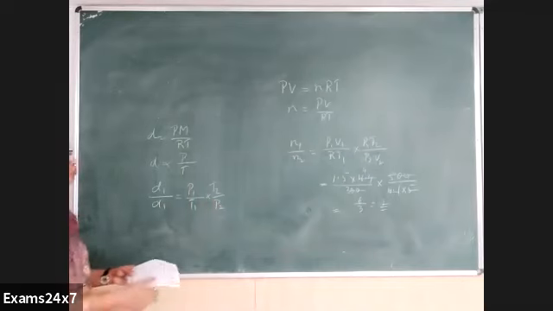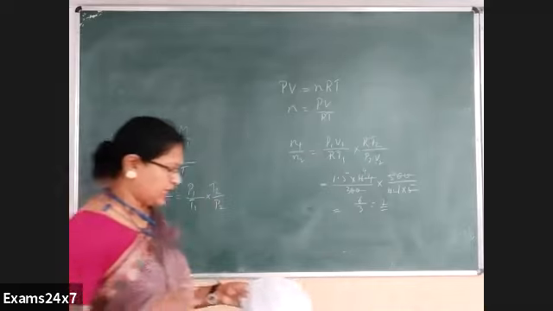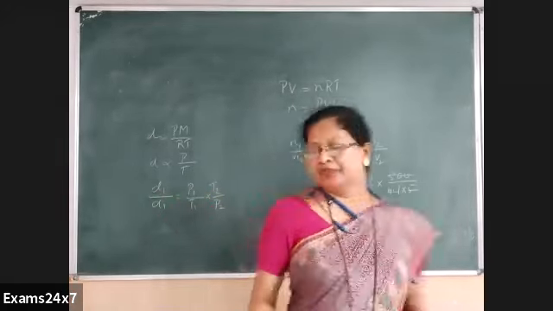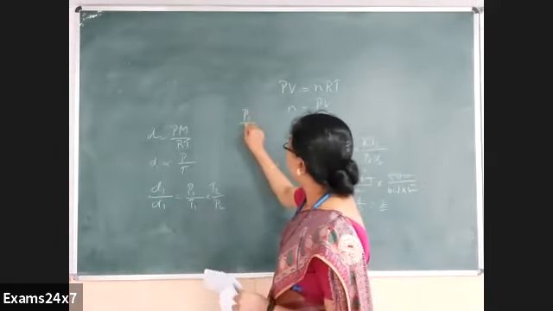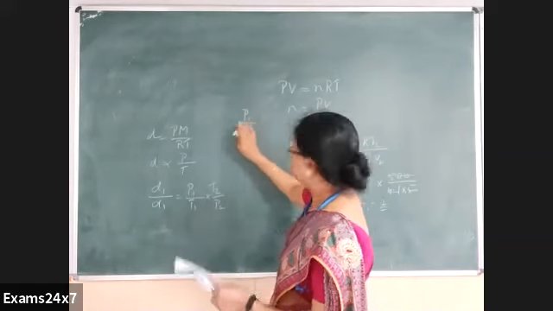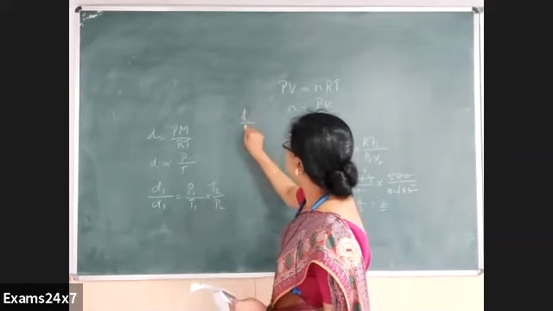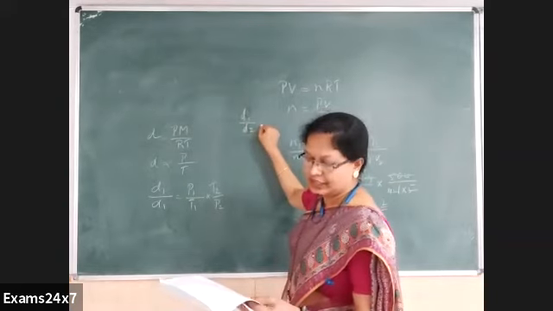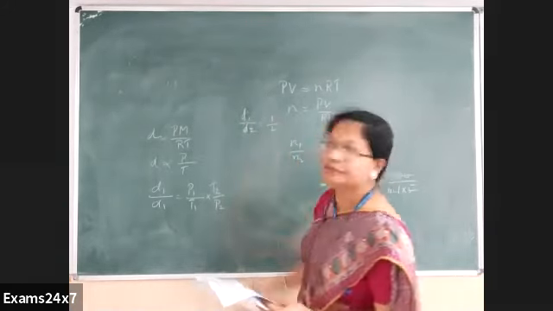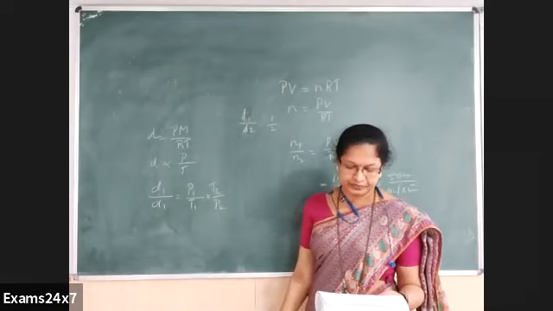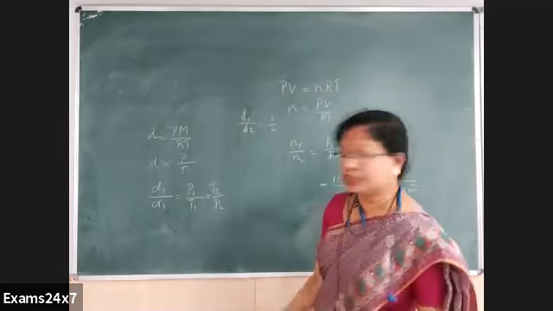Now you write what is given. Density of two gases are in the ratio 1:2. That means D1 by D2 is given. This is in the ratio 1:2. That means 1/2. And temperatures are in the ratio 2:1.